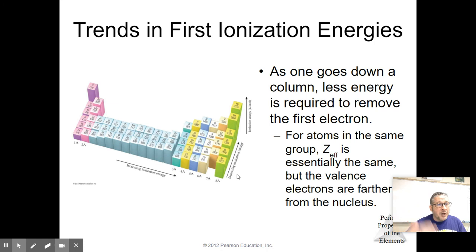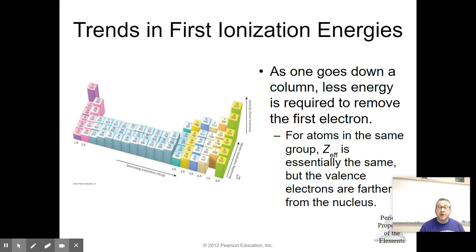So you can either go from top down, and your ionization energy is going to decrease, or you could go bottom up and have your ionization energy increasing, okay? Now, for atoms in the same group, so the same vertical column, Zeff, or your effective nuclear charge, is essentially the same.